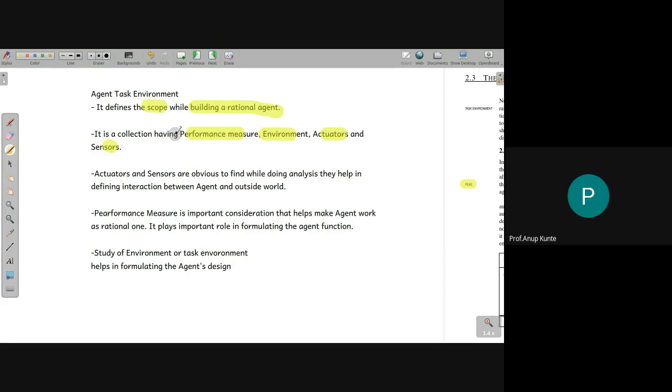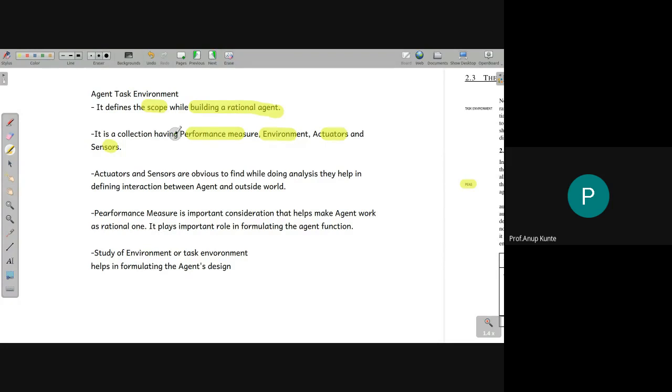These four components, once you articulate, you will form an abstract representation of the given problem that will have some agent, okay, or set of agents which will have their own actuators, their own sensors, okay, they will have certain [...] to refer to as their environment, and there will be some performance measure defined using which your agent program can be written.